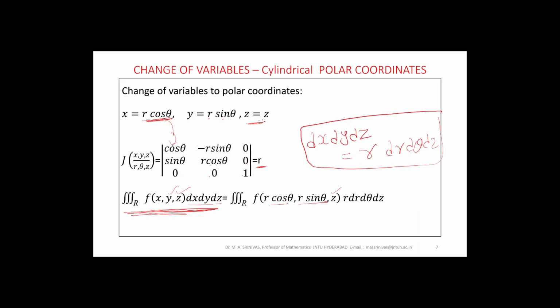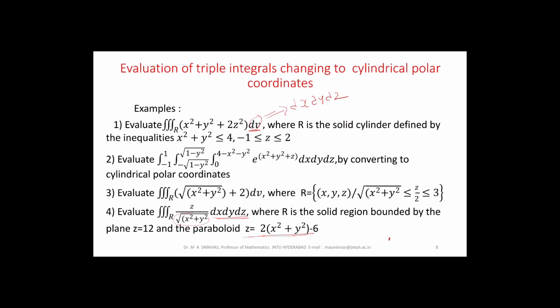So what we learned in this lecture is how to evaluate a triple integral by changing it to cylindrical polar coordinates. We learned the conversion from cylindrical polar coordinates to Cartesian coordinates and Cartesian to cylindrical coordinates. For finding the limits of the region in cylindrical polar coordinates, take the projection of that surface or region on the xy plane.